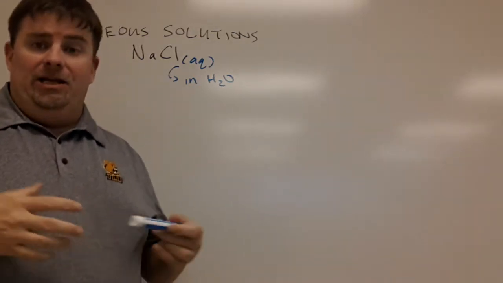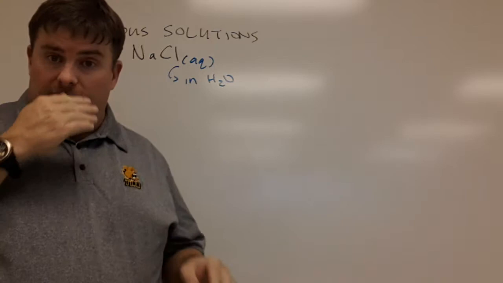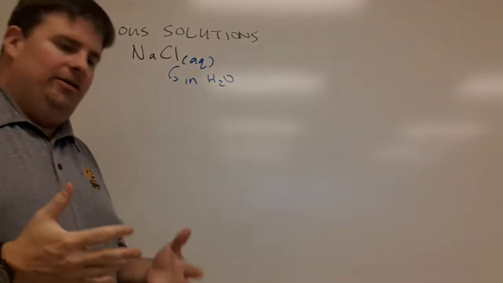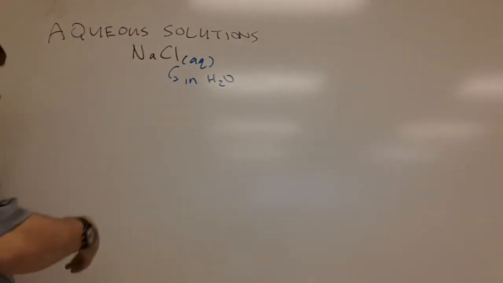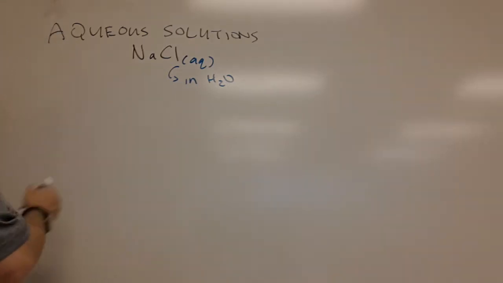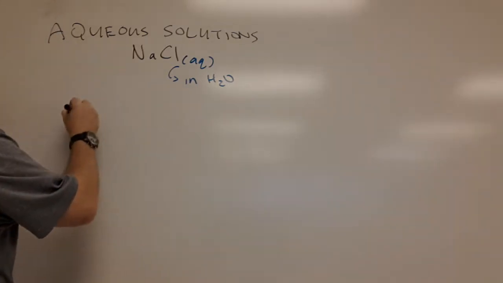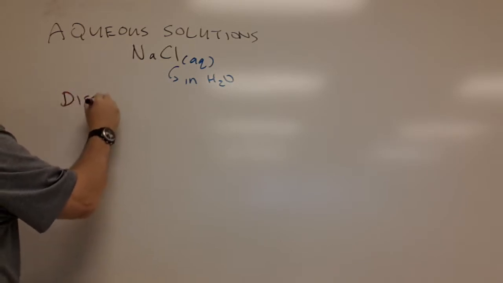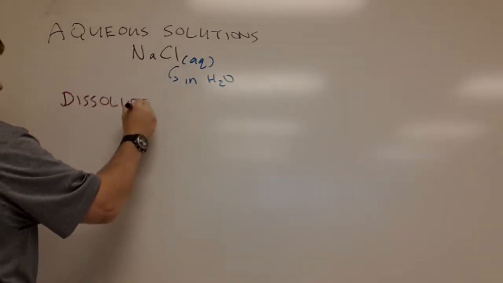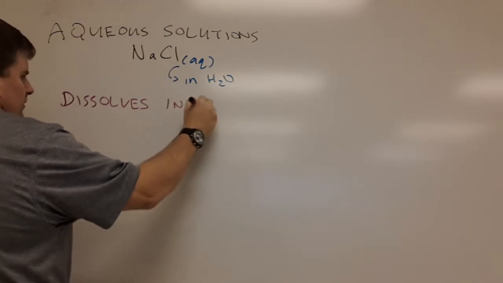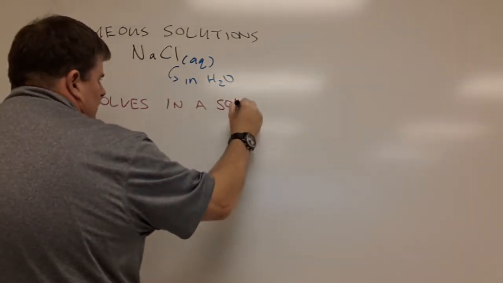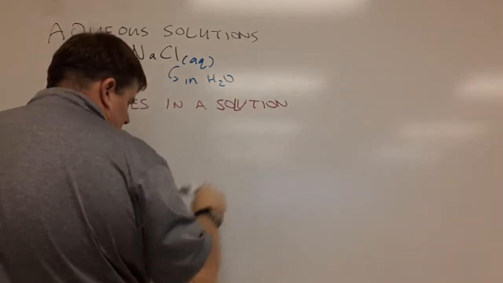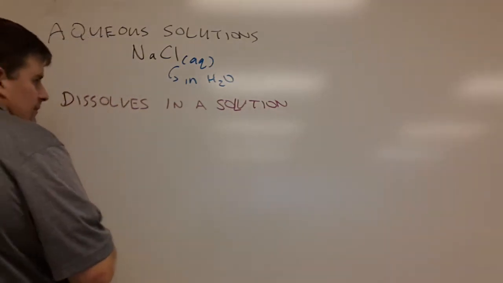When we have any sort of material dissolved in a solvent, we've got to define those terms. So since water is the universal solvent, we'll use this as an example. So anything that dissolves in a solution is going to be called a solute.